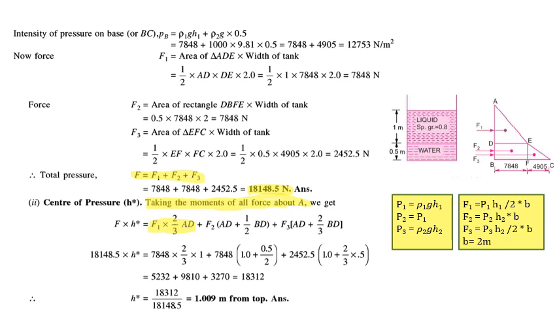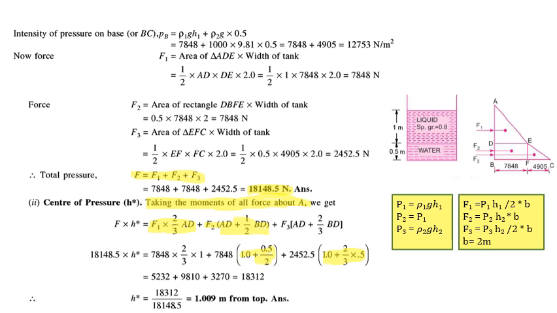Then plus F2, and its lever arm will be the AD dimension, which is 1 meter, plus 0.5 by 2. So 1 plus 0.5 by 2. So plus F3 into its lever arm, which is AD, 1 meter, plus 2 by 3 into 0.5.